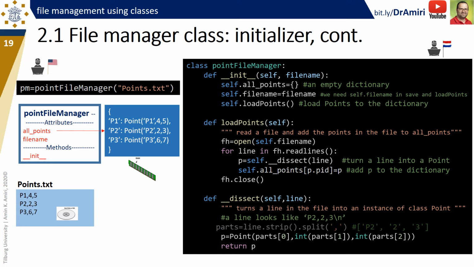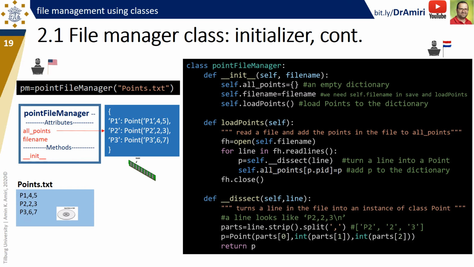So naturally, what I do first is I use strip to remove backslash n from the line, and then I use split with the argument comma to separate the items and turn the line into a list of three items, P2 in this case, P2 and 2 and 3. Then I use these different parts to create an instance of the Point, and then I return it.